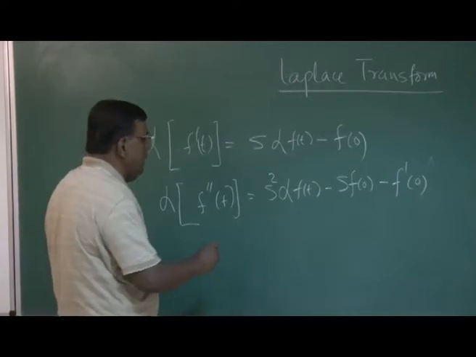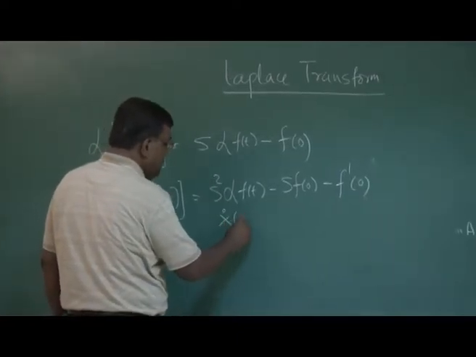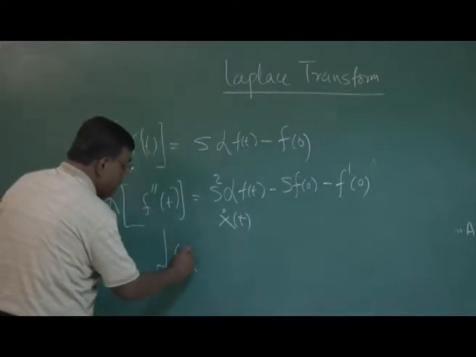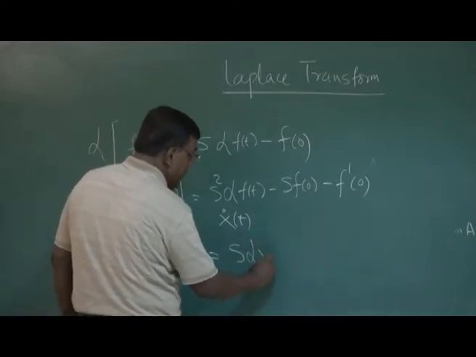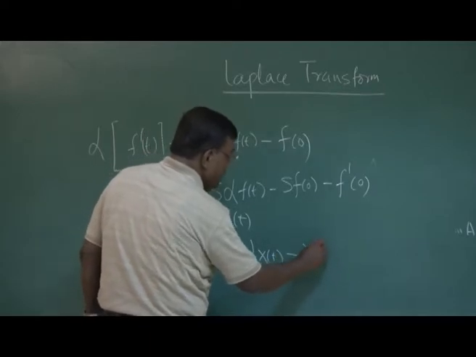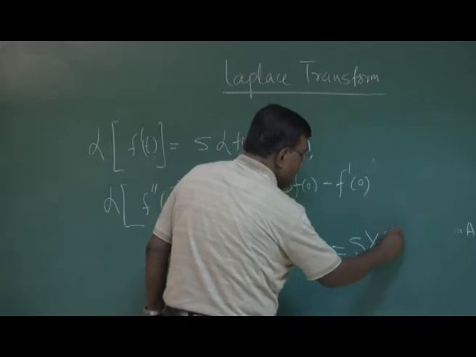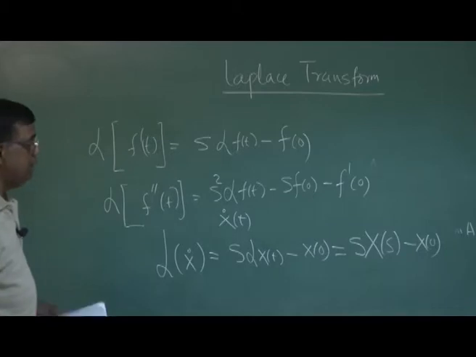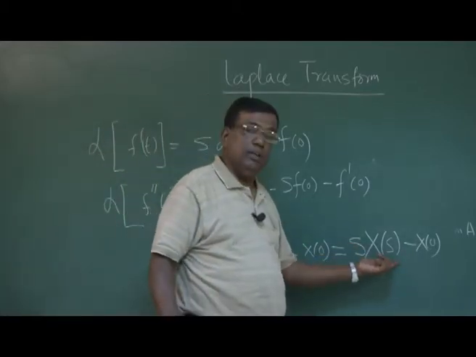Just to make you familiar, suppose I am trying to do it for x dot. So as per this, Laplace of x dot will be equal to s Laplace of x of t minus x of 0, which I write as s x of s minus x of 0. Is this clear? Laplace of x of t is x of s by notation.